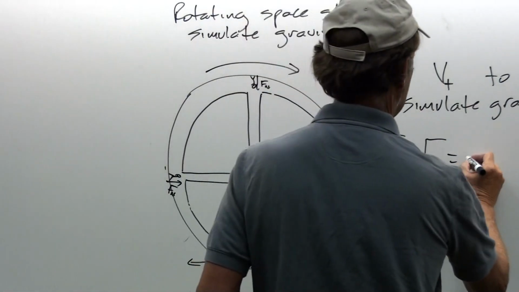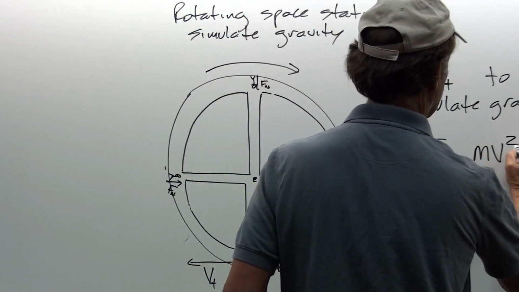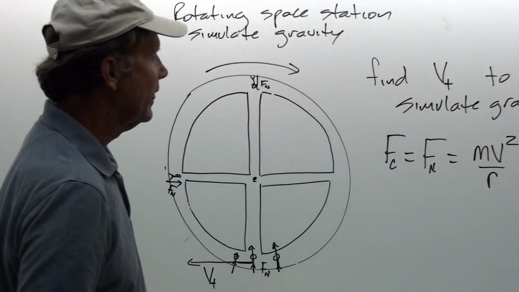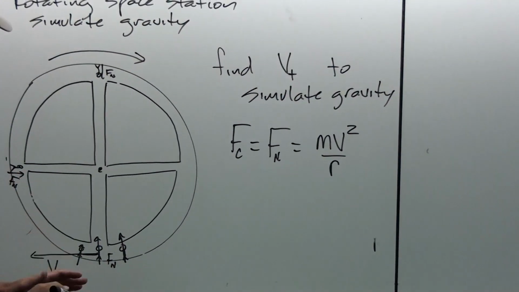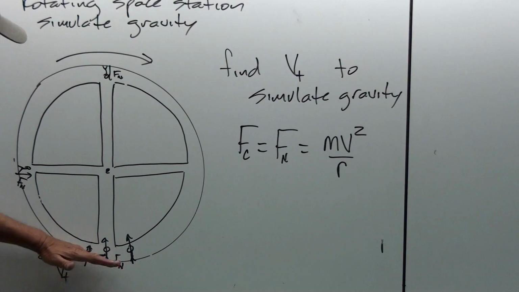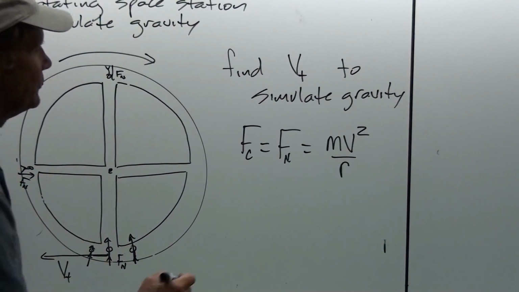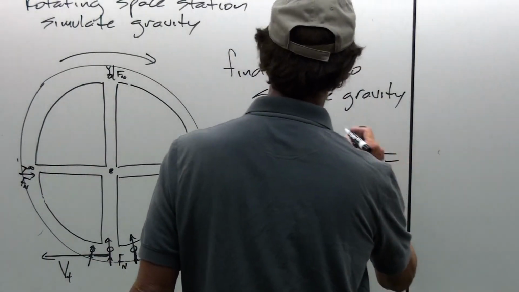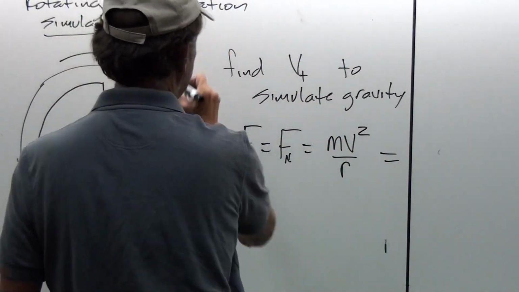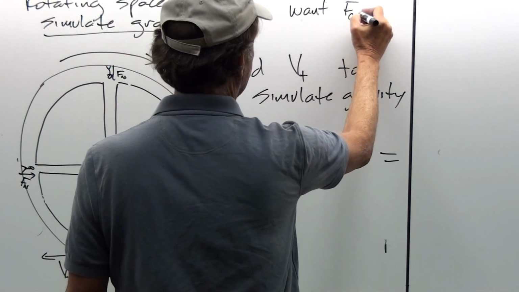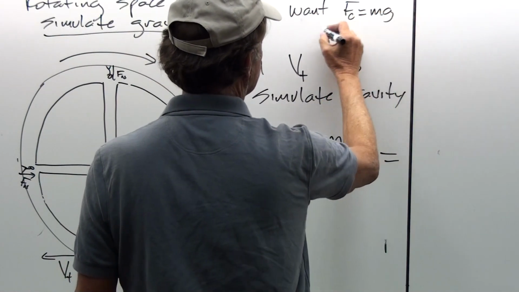So that F normal has to be by our centripetal force equation equal to mv squared over r, but of course it's pushing you up to deviate your straight line path into this curved path. And so what we want, if we want to simulate gravity, is we want the centripetal force to be equal to your weight.